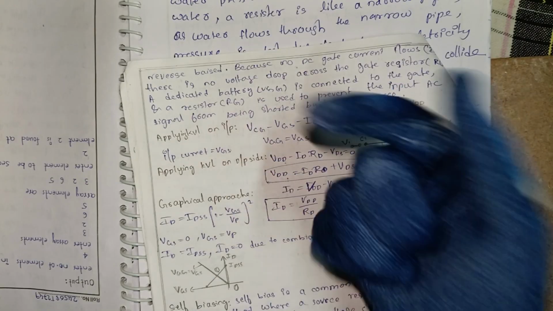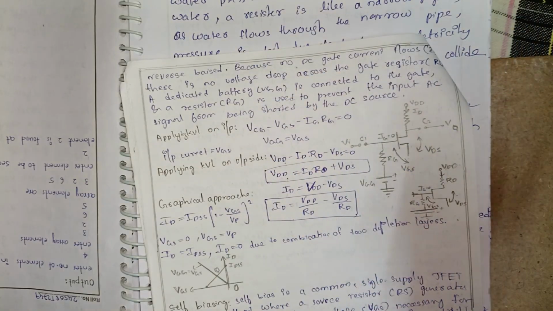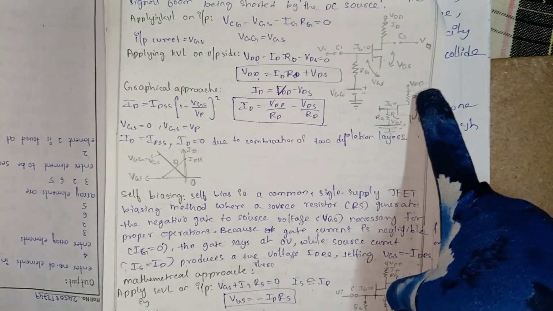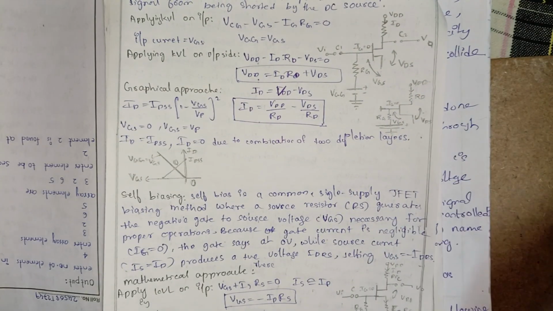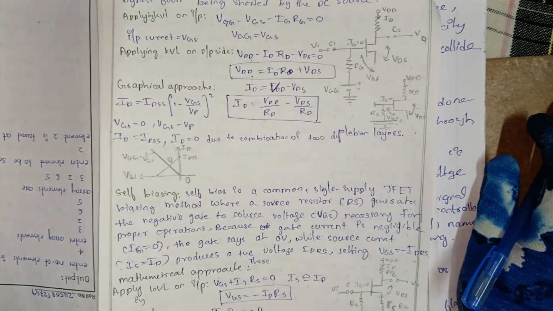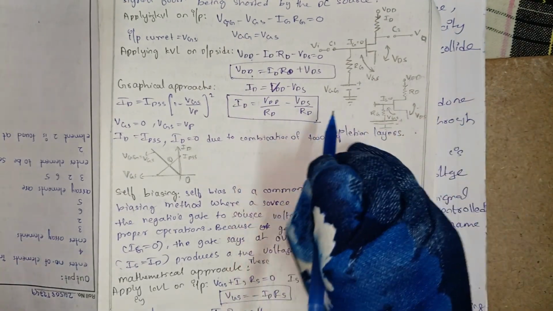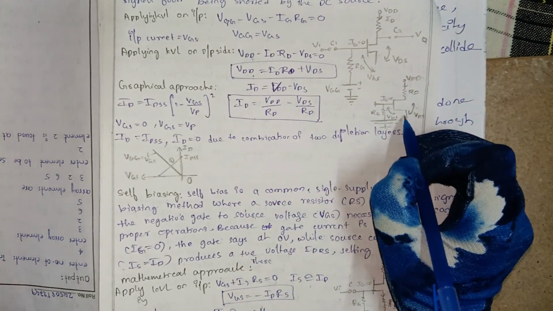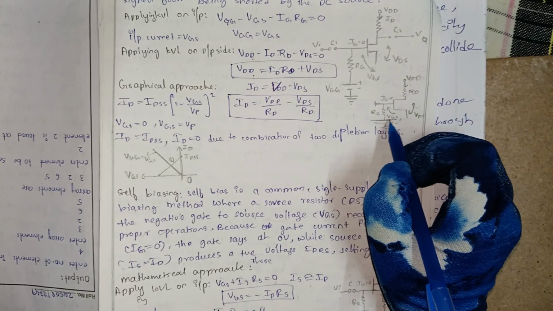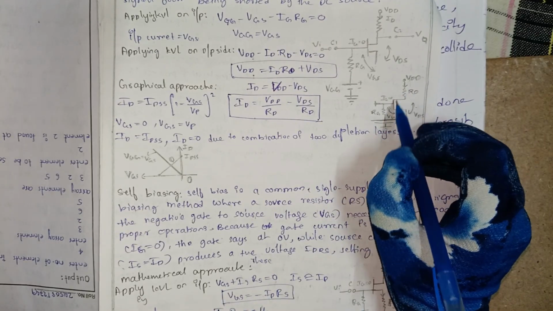Mathematical approach means applying KVL at the input and output sides. Here is the diagram. Here is the VGG. This is the input area, and this is the output area.